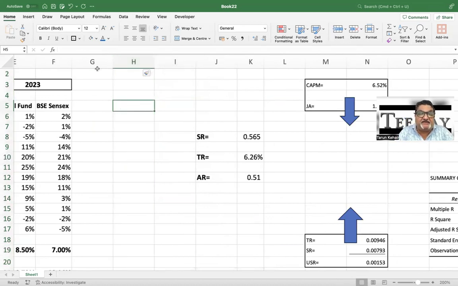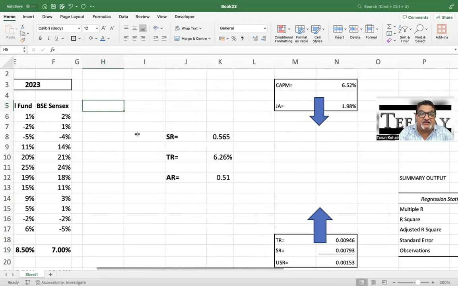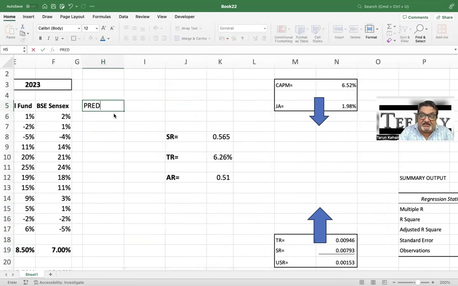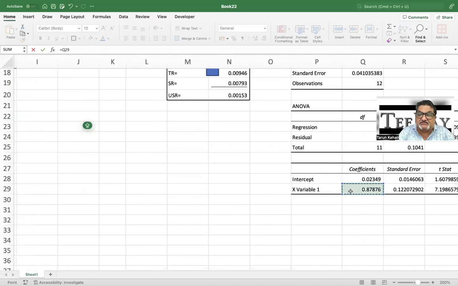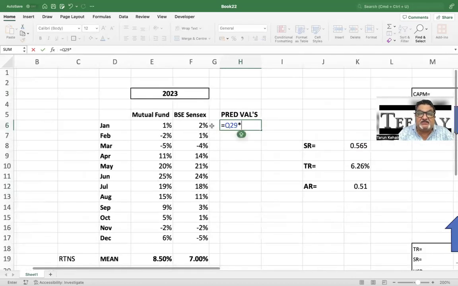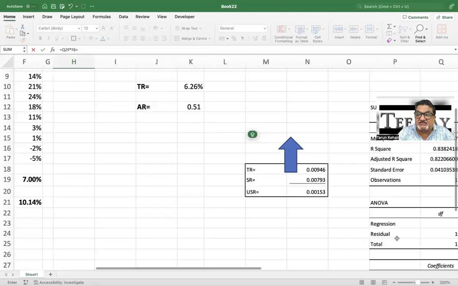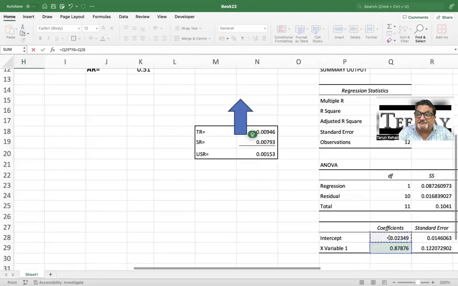We will find out the predicted values using the regression model. So predicted values, y is equal to mx plus c, where m is your slope into x, x is your Sensex, plus c, c is your intercept.